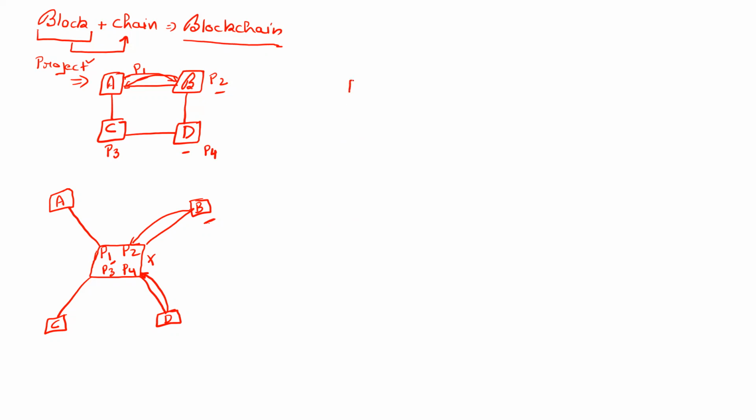Again, I'm going to take the same example. We have 4 engineers, and these engineers are working on a development. A, B, C, and D, each one having their own part, and they are connected with each other.